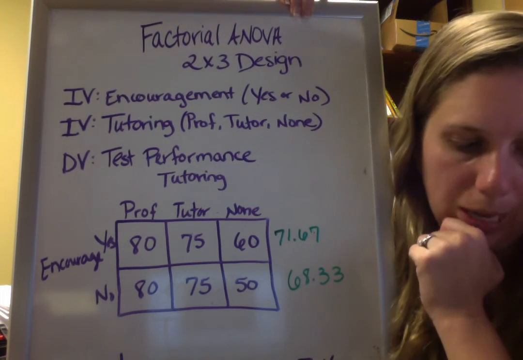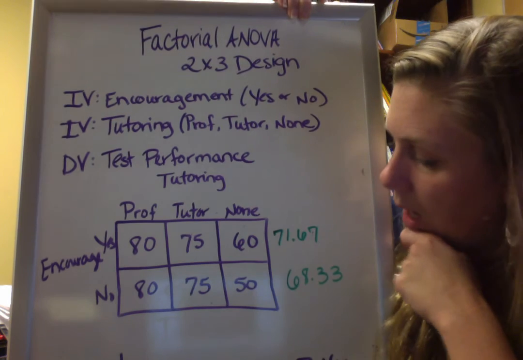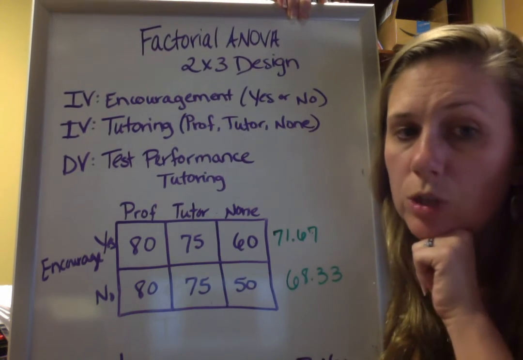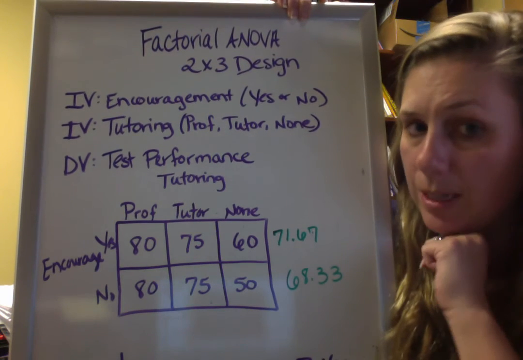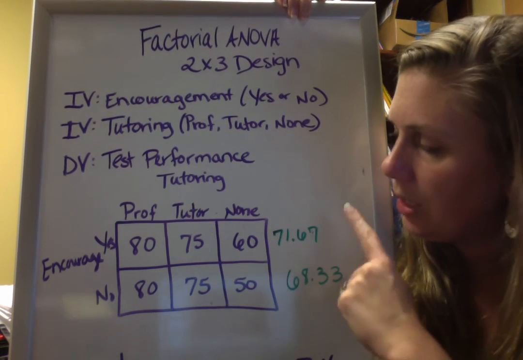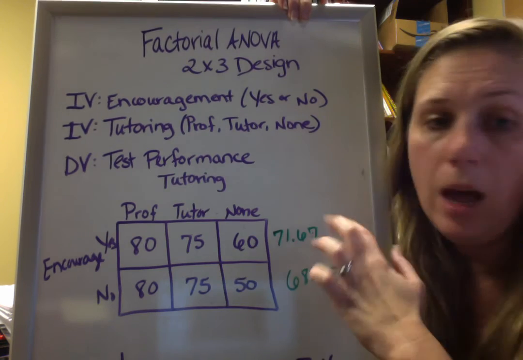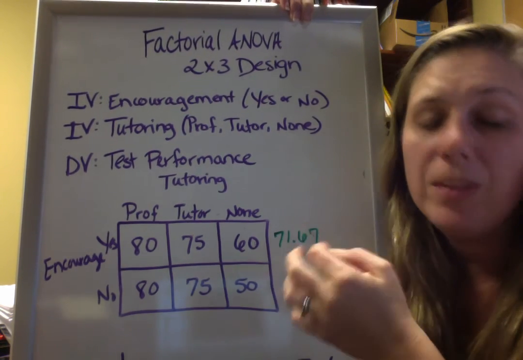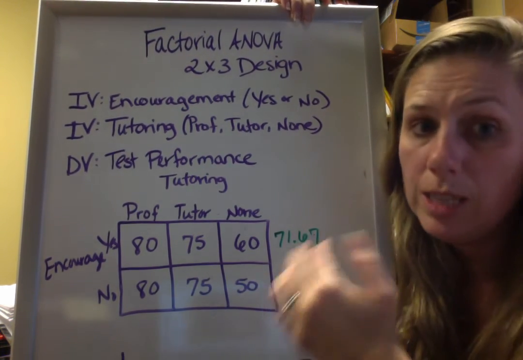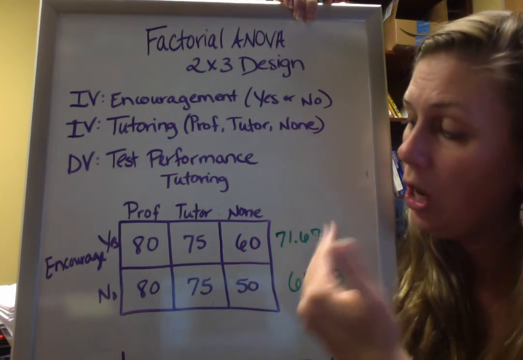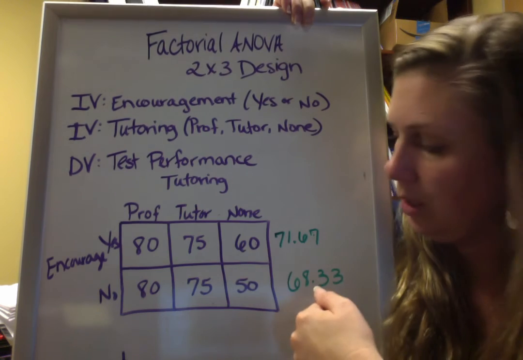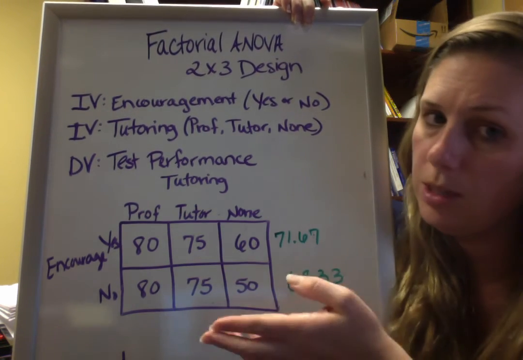So it looks that way to me. Their numbers are sort of similar, so I just don't know if they would be significant, but it's certainly possible that it would be a significant difference. Okay, so we have this for encouragement. That's our main effect of encouragement. If I were putting that in words, I would say that participants who are in the encouragement conditions are performing better in their tests than participants who are not in the encouragement conditions.